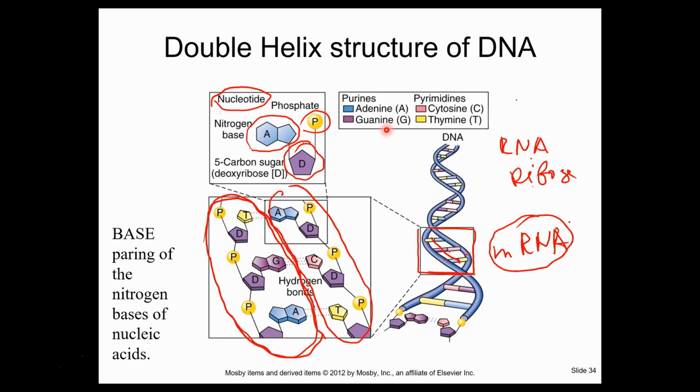Uric acid is the one that causes gout, for example, a buildup of crystals in the body. So that comes from the metabolism of the bases, nucleic acids or nucleotides. Okay.